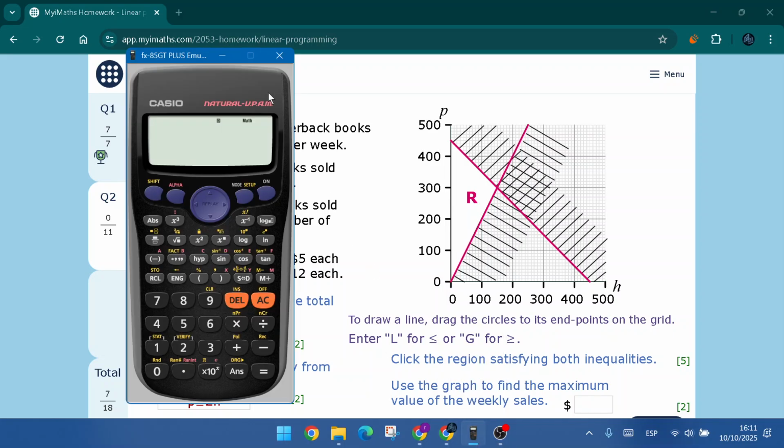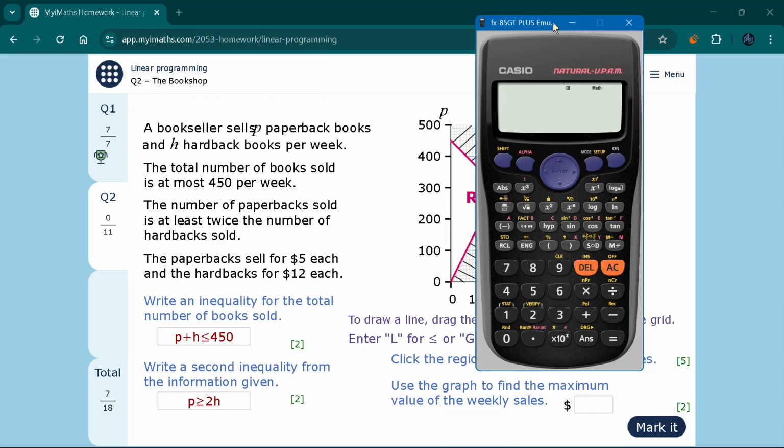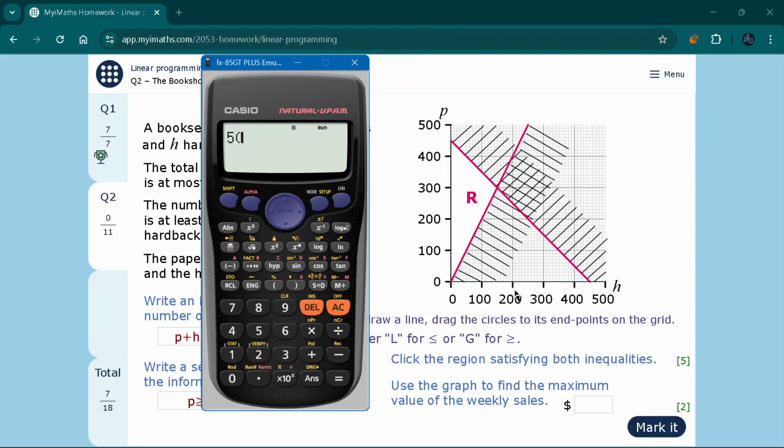Last question here. The maximum value of the weekly sales. Alright, so the paperbacks is $5. So we're going to do 5 times whatever paperbacks are sold. So where's the paperbacks? Here.